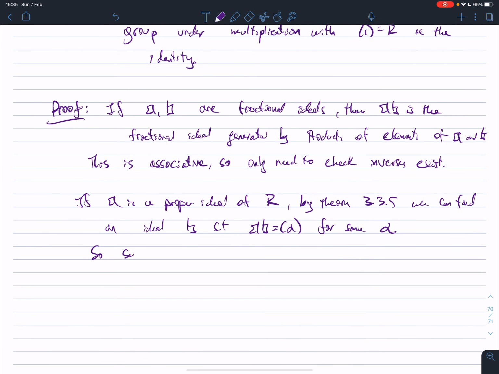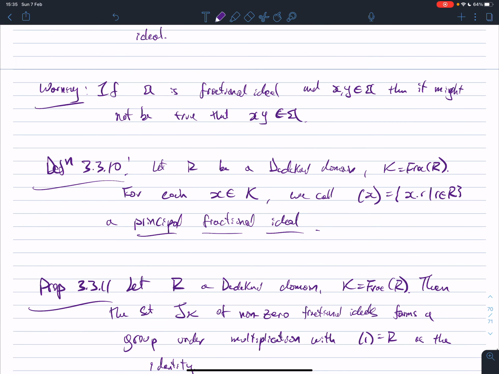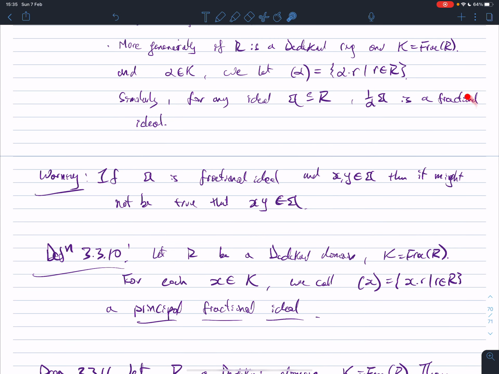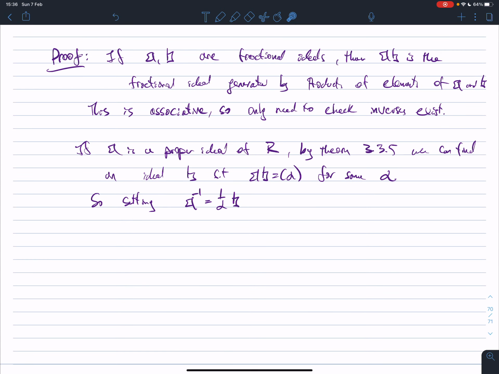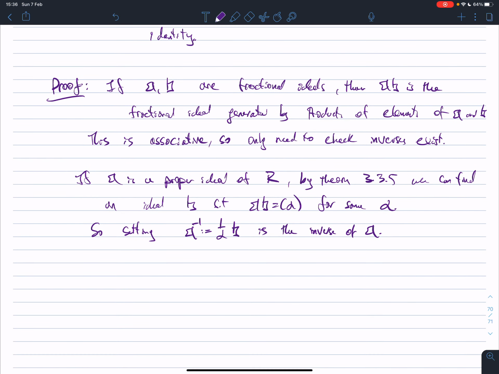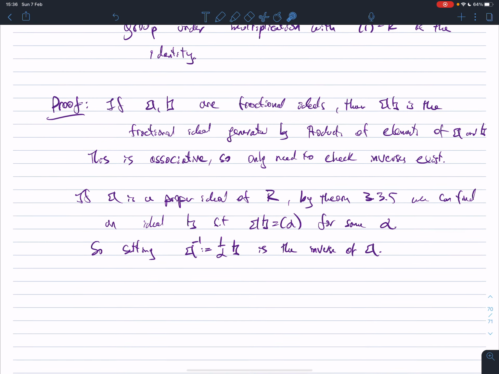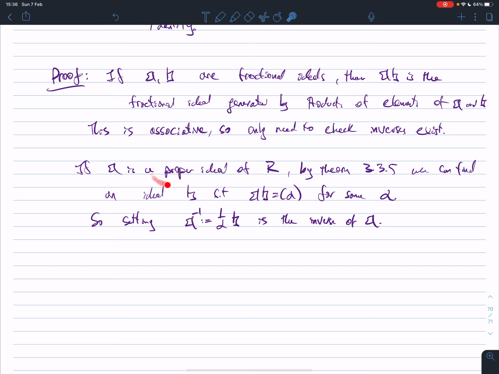So here's what I'm going to define to be the inverse of A: A inverse to be 1 over alpha times B. As I said in this example up here, this also gave me a fractional ideal. Just check that if you multiply A by A inverse, then you end up with the ideal generated by 1.